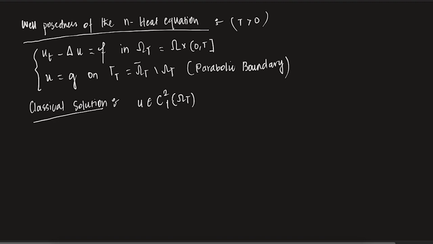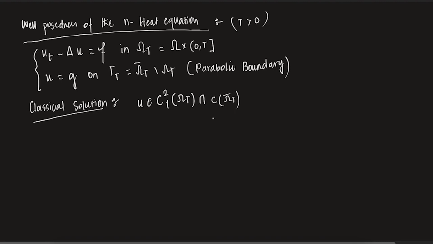If you remember, whenever we write something like C1, C2, you remember what I meant by this, right? In the Laplace equation, we are talking about twice differentiable functions. But here, whenever we say classical solution, we mean a u which is in C^{2,1}(omega T) intersection C(omega T bar).